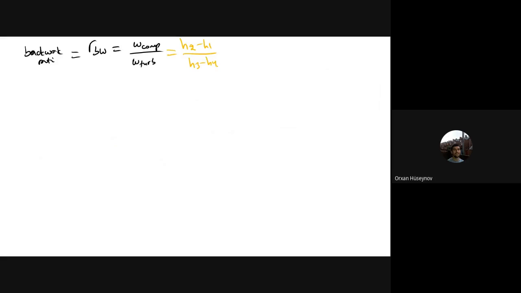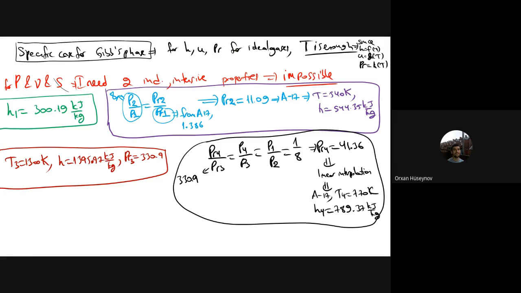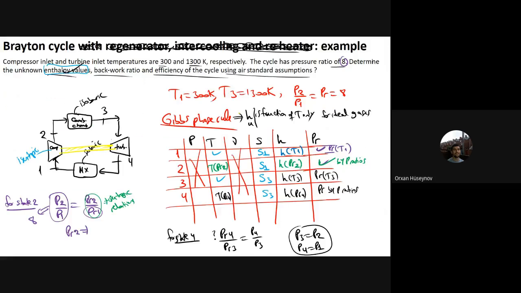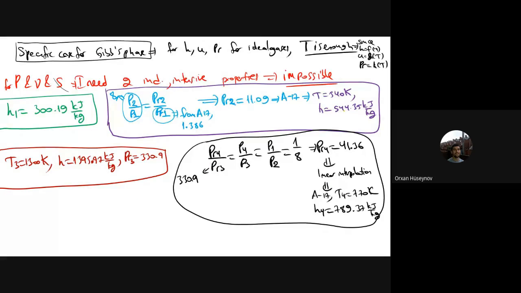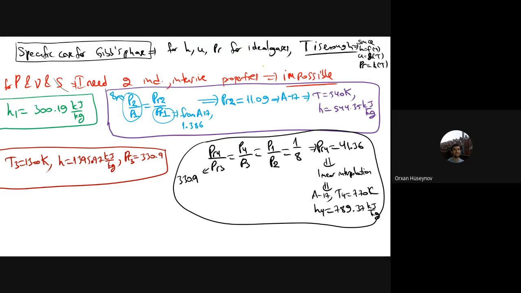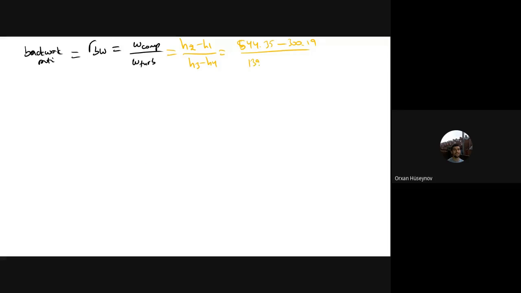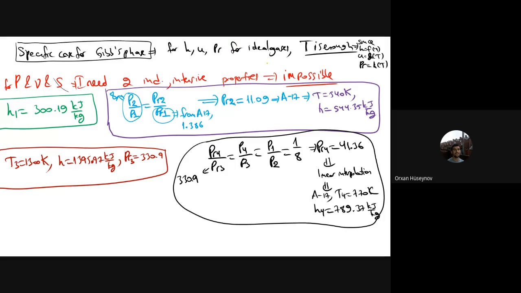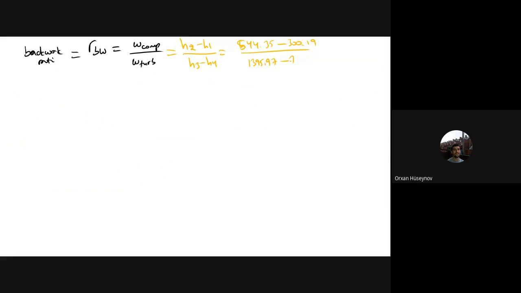And we know H2 minus H1, and these values are given. So let me write it. H2 is 544.35 minus the H1 value, 300.19, divided by the H3 value, 1395.97, minus the H4 value, 789.37.